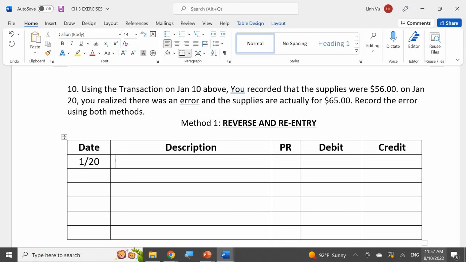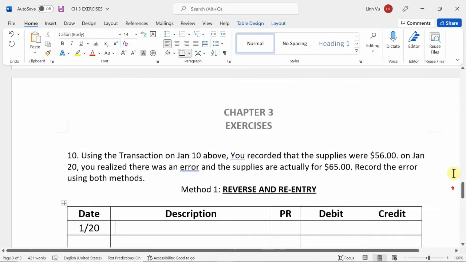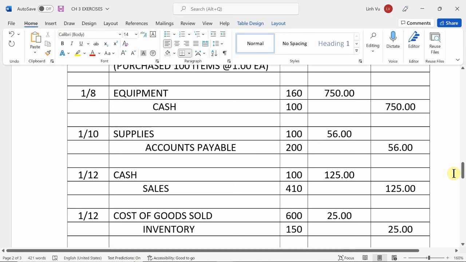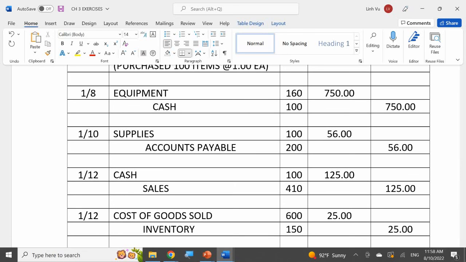So the supplies would now be a credit instead of a debit.